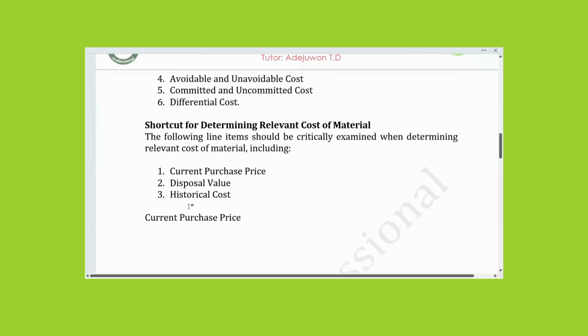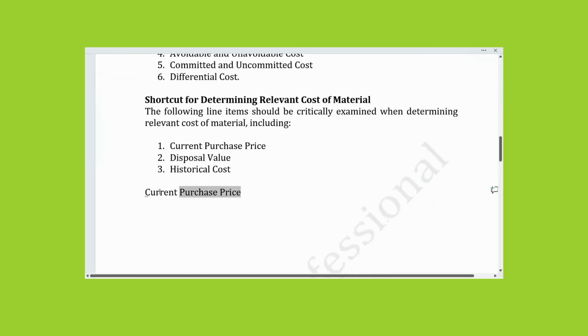Okay. So what do you mean by current purchase price? This is also known as replacement cost. They represent the price at which the item of inventory can be purchased currently in the market. When a company wants to produce, you are going to need material inputs. So because you need material, what do you do? You go to the market and buy.